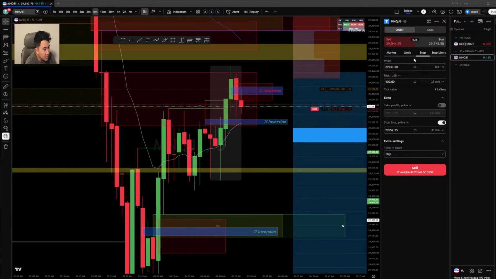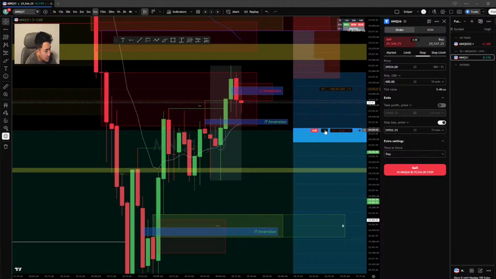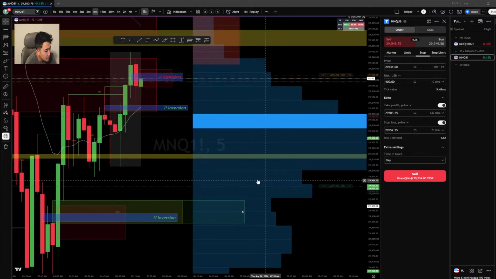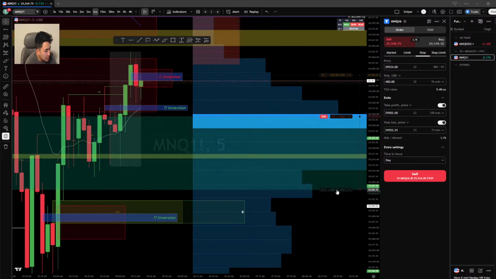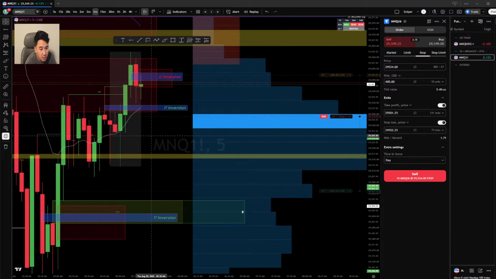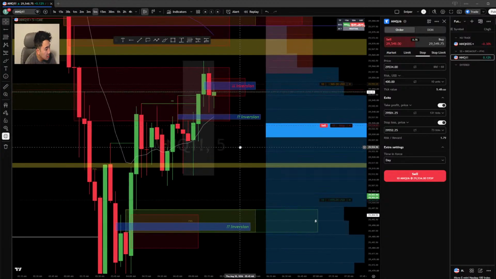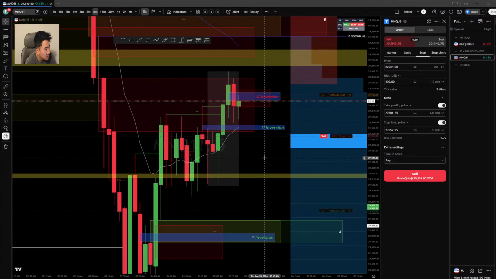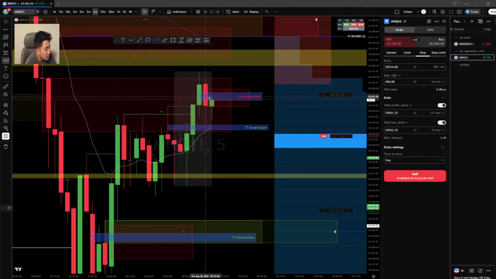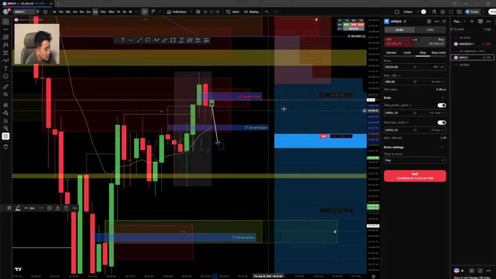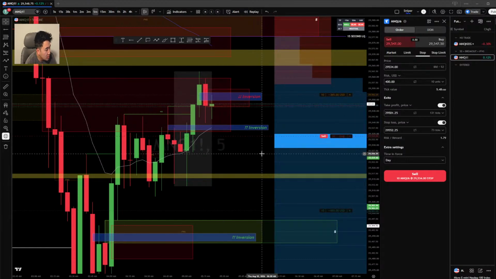Let's see what happens with price. Hasn't tagged the bullish inversion yet. So one drop and then close over this 13 EMA, and then there'll be our entry for shorts on the 5-minute.